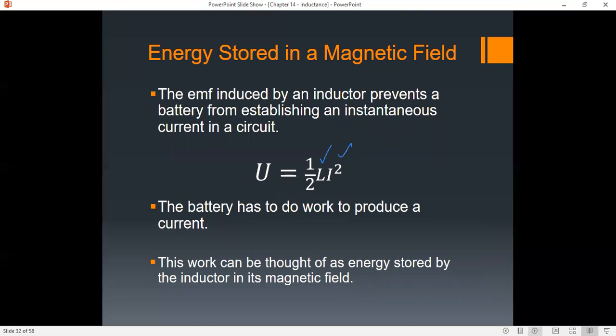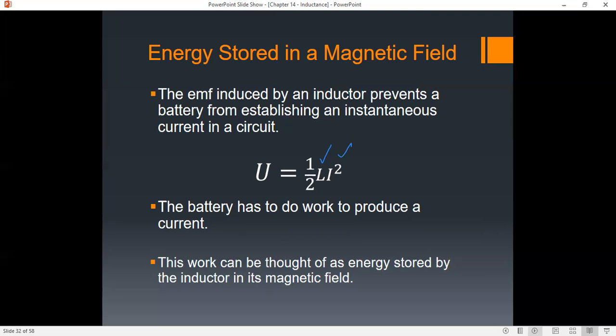So again, the battery has to do work to convert the electrical energy into a magnetic field. Work is probably not the best term to use here because work implies we're converting one type of energy into mechanical energy. But we can think about this as converting the electrical energy into magnetic energy.